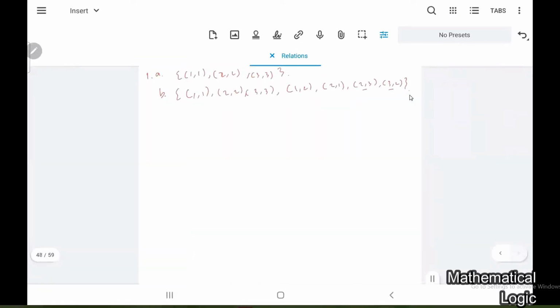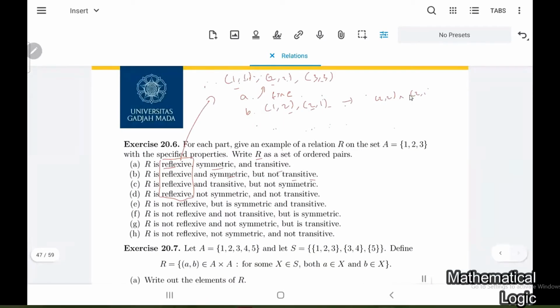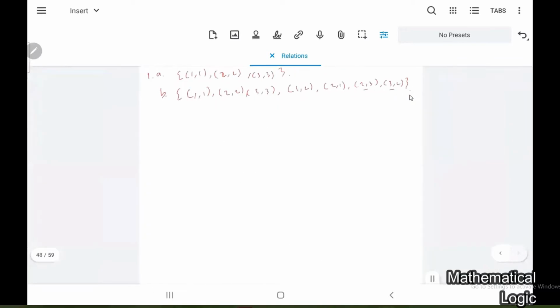But this one is a bit complicated. Why? Because we have to add more, and we have to make sure that it is symmetric. For example, these three make sure that it is reflexive, right? And when we add this, we have to add this one to make sure it is symmetric, and so on.